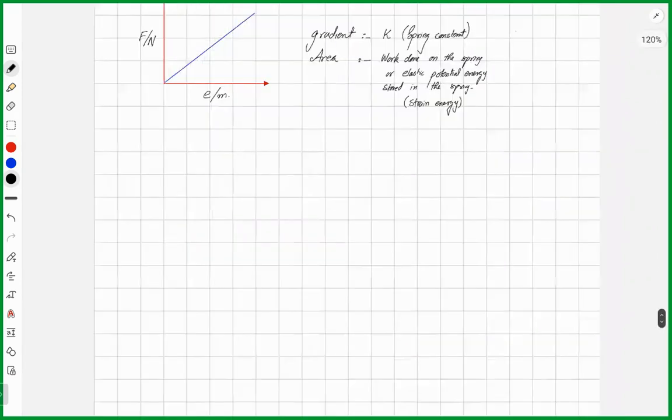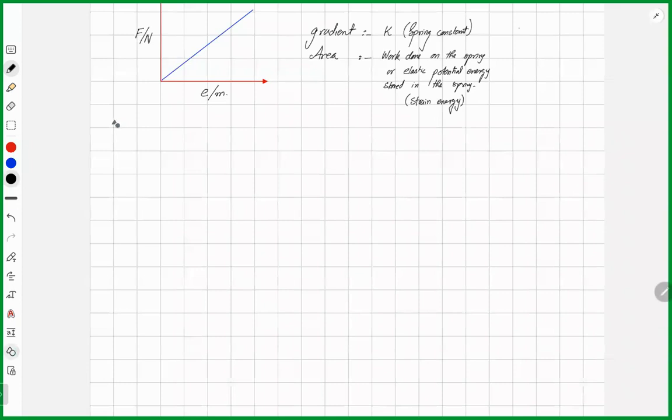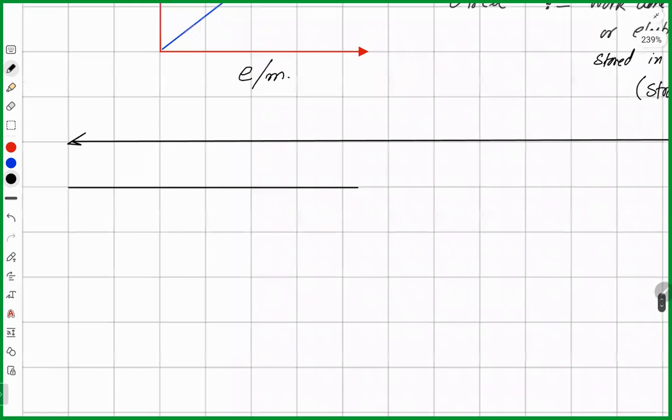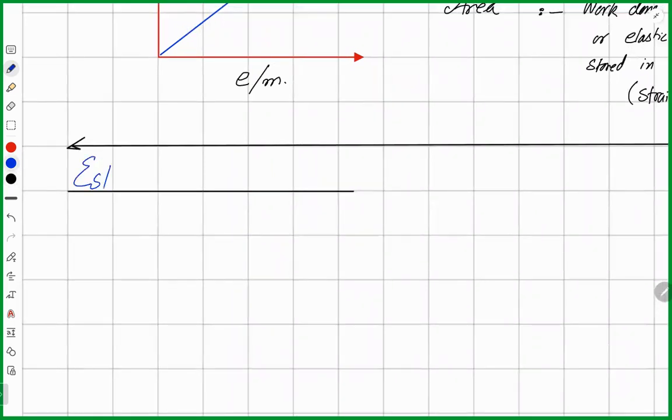One last thing about graphs, and this whole topic is done. Sometimes we need to estimate gradient or area.